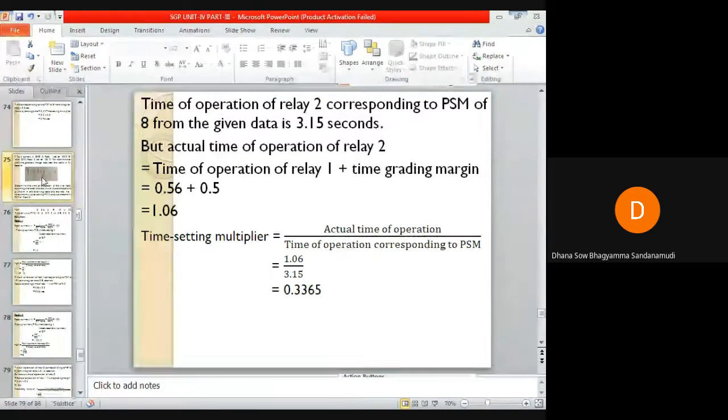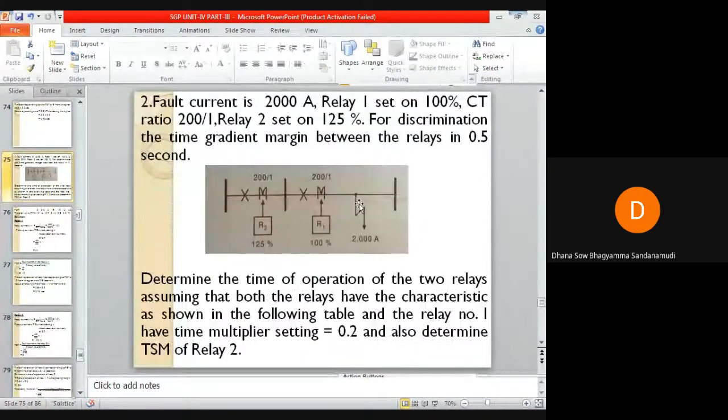If you see this image, if a fault occurs in the zone where R2 is, then R2 will operate first, and with some time grade margin, R1 will operate. This time grade margin is already set in the relays. Depending on the location of the fault, whichever relay is nearer to that fault will operate.